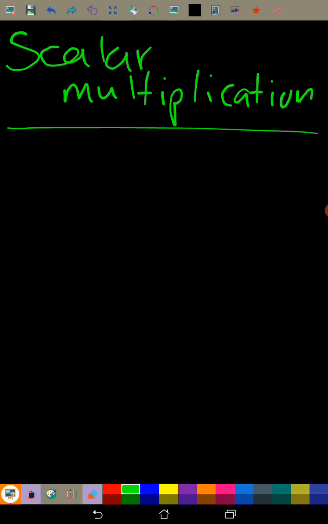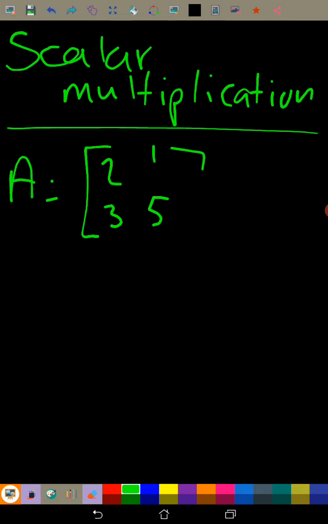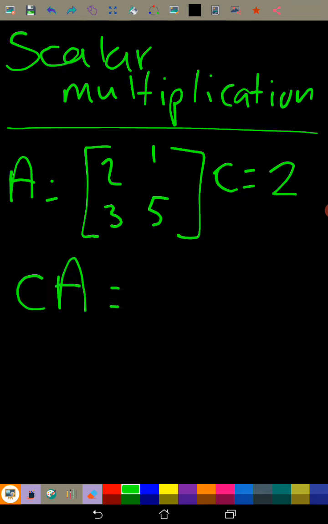So scalar multiplication, we have A, we have 2, 3, this is a square matrix, and C is equal to 2, where C is a scalar. So C A is equal to 2A.